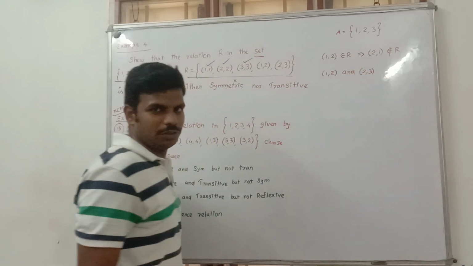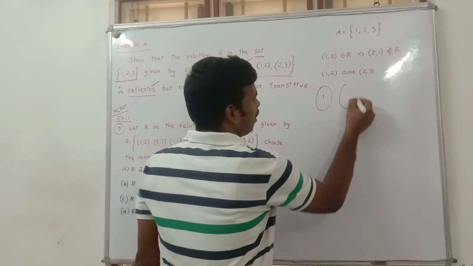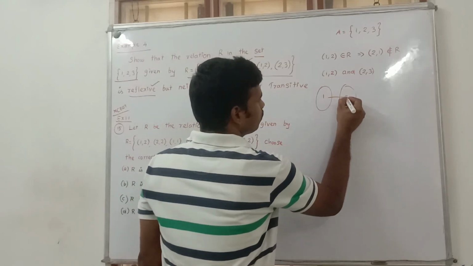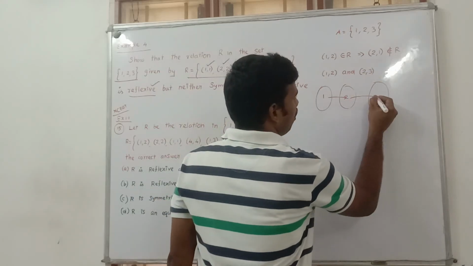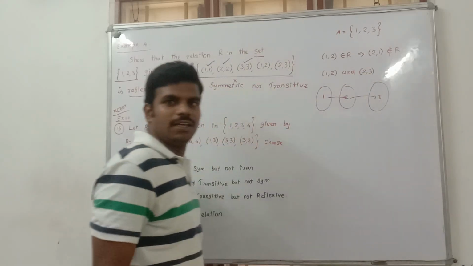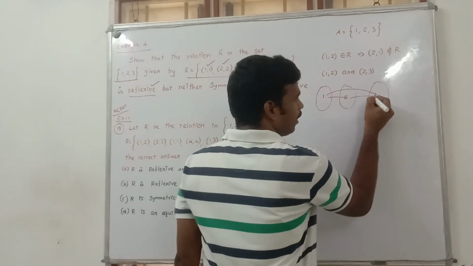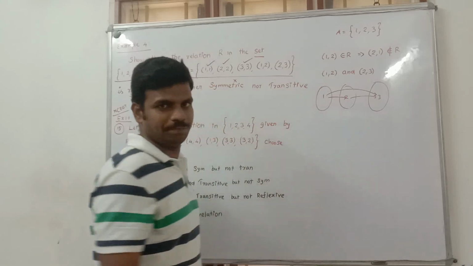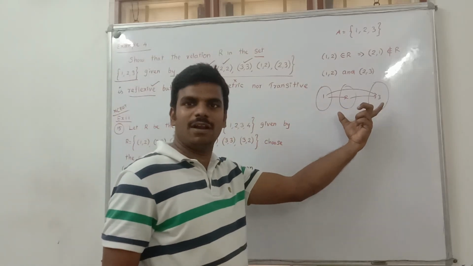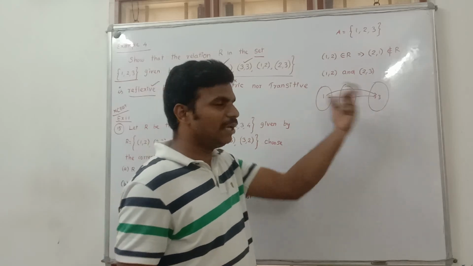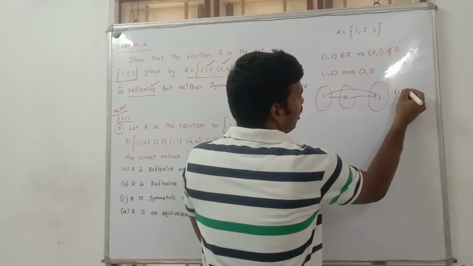These two elements are given. Transitive means 1 is mapping to 2, then 2 is mapping to 3. If it is transitive, we should have the element (1, 3) in the relation. 1 is mapped to 2 and 2 is mapped to 3, so to confirm, 1 must be mapped to 3. The element (1, 3) must be in the relation.